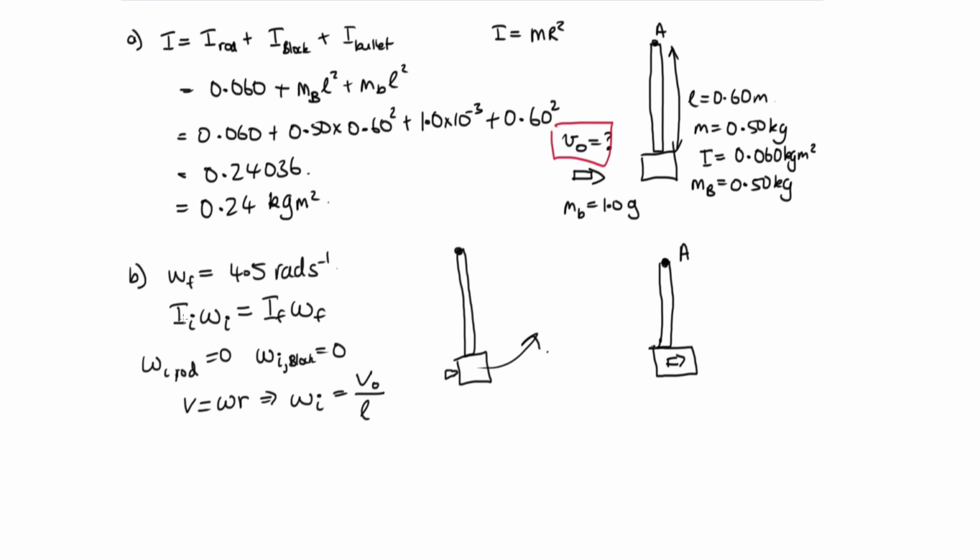So it's only the moment of inertia of this bullet about this pivot point which is going to count. So the moment of inertia, it's a point particle again. So we're just going to once again use this equation up here, but in this case the mass is going to be the mass of our bullet.